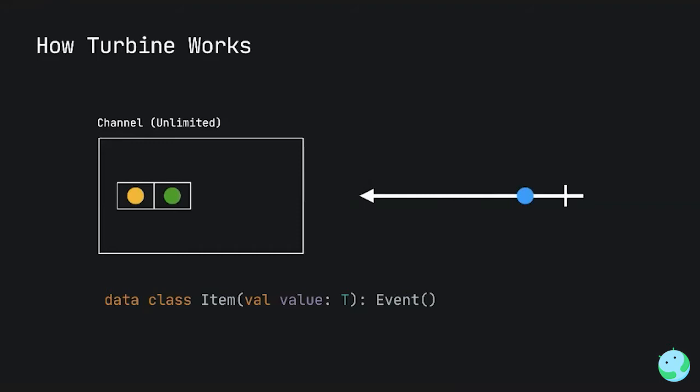The second time, it will do the same thing. The third time, it will do the same thing. So there are 3 events being tracked in this channel. Then everything has been emitted by the flow, so it needs to add a marker that everything was emitted, and that's the completion event. So what you have in the end is a record, a history of everything that your flow emitted.